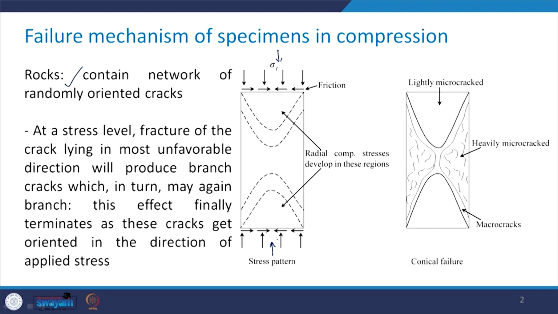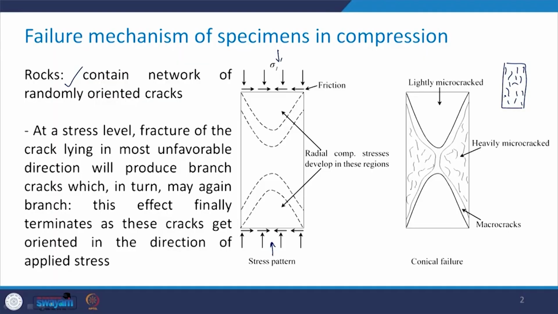So what will happen in the initial phases of the loading? Whichever crack is lying in the most unfavorable direction, that crack will start propagating and it will produce a branch of the crack, and with the increase in this load, this branch will again branch.